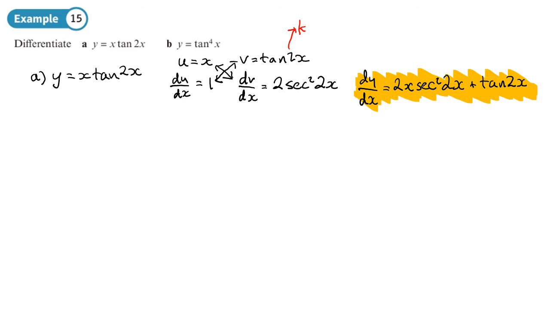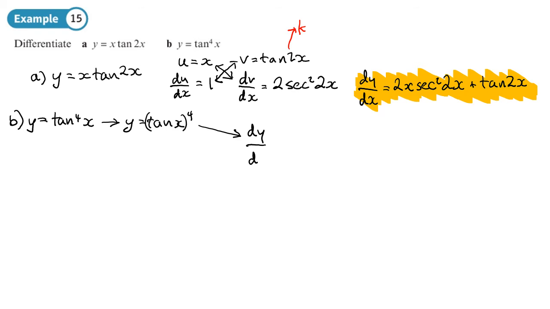Okay, let's have a look at the second one, B: y equals tan to the 4 x. Whenever you get powers of trig, always start by writing it like this: tan x in brackets to the power 4. Here we're using the chain rule, so I could write u equals tan x and so on to work out the solution.